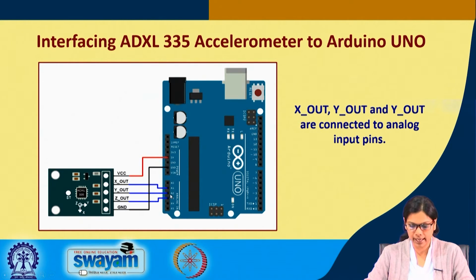You can also connect to A0, A1 and A2. This is a very straightforward connection diagram. X out, Y out and Z out are connected to the analog input pins. So, this is all about the accelerometer device.